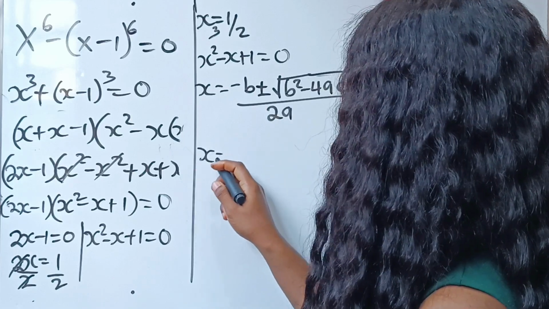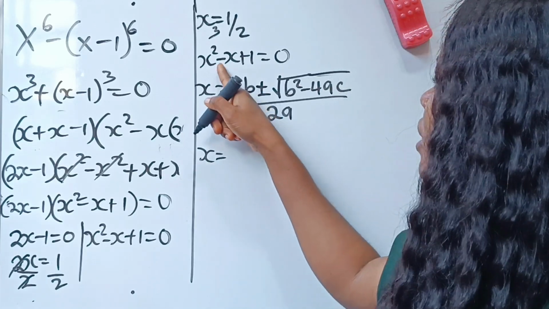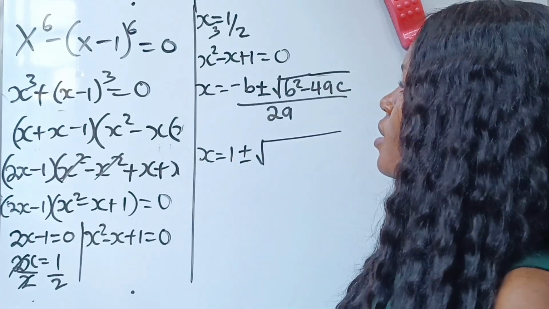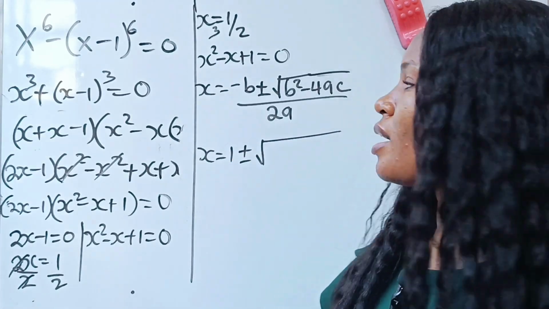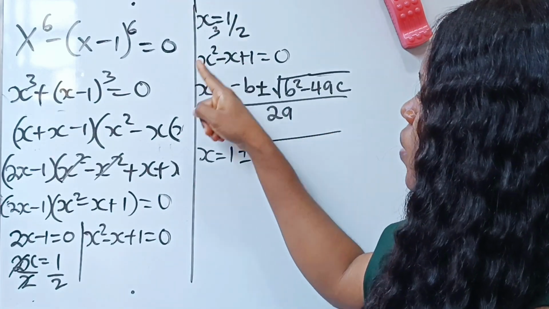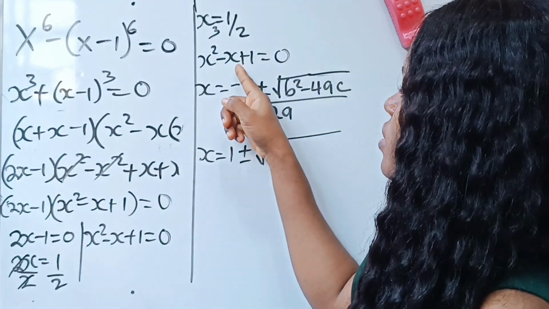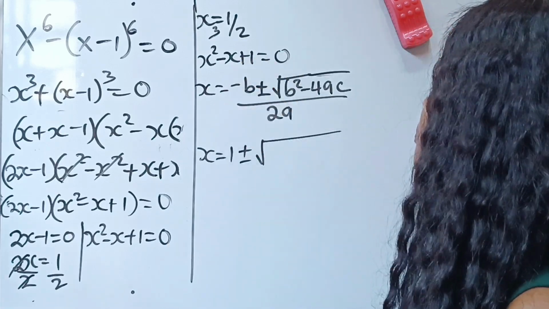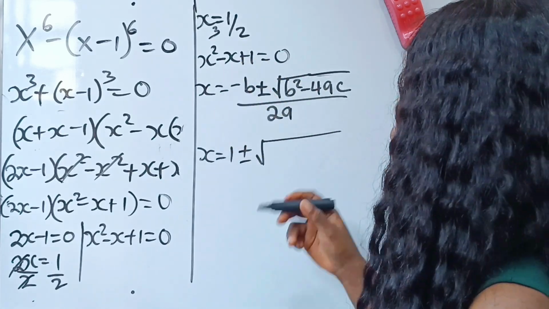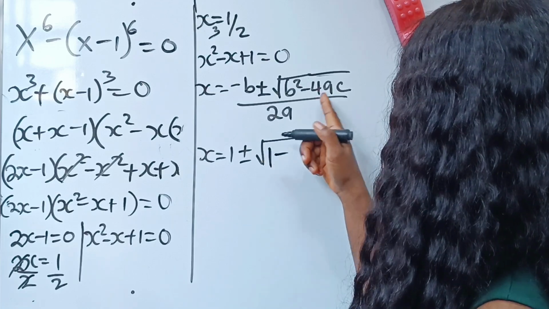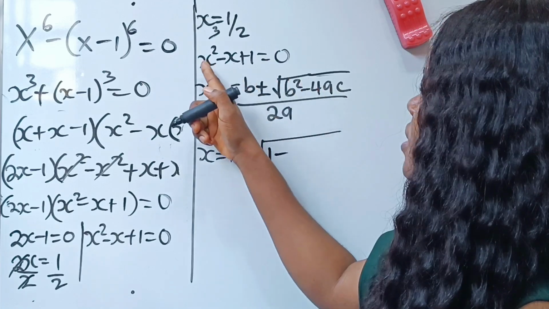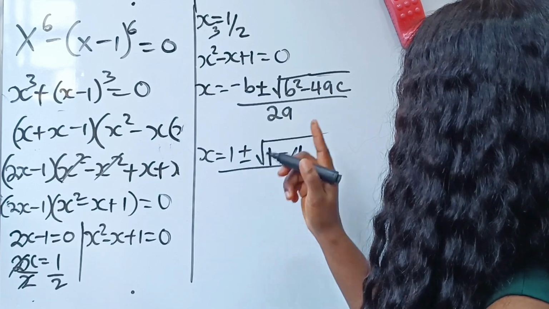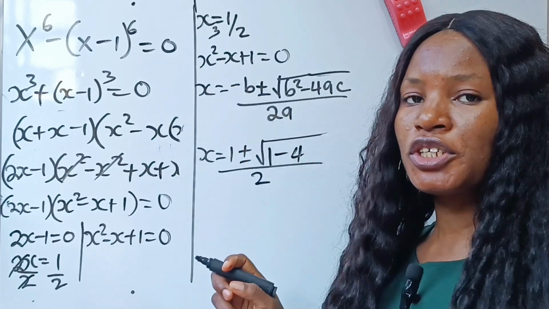So our x is equal to minus minus 1, which is 1, plus or minus square root of, in case for those that don't really understand, our a is the coefficient of x squared, which is 1, our b is the coefficient of x, which is minus 1, and our c is our constant, which is 1. So b squared, that is minus 1 squared, is 1, minus 4ac, that is 4 times 1 times 1, which is still 4, everything divided by 2a, which is 2 times 1, which is still 2.